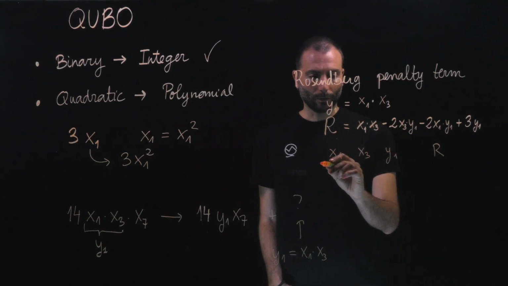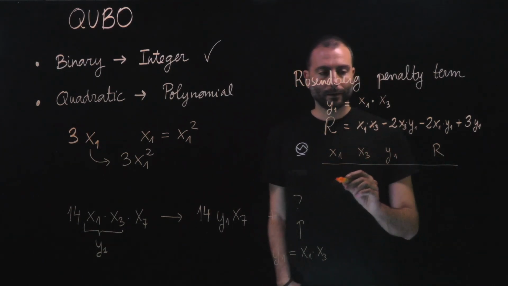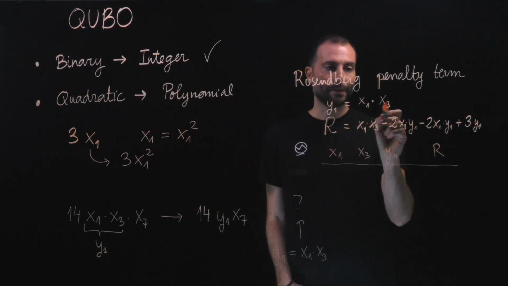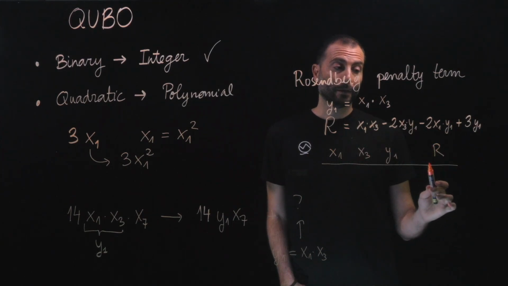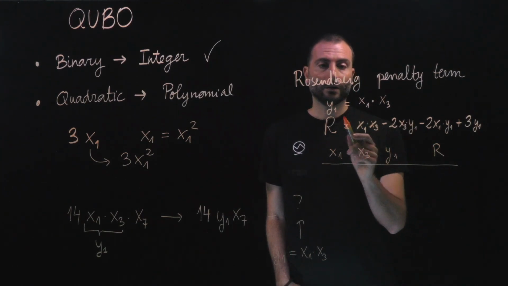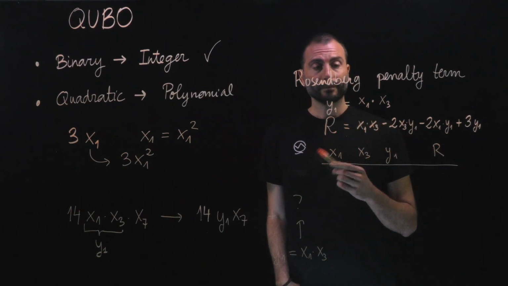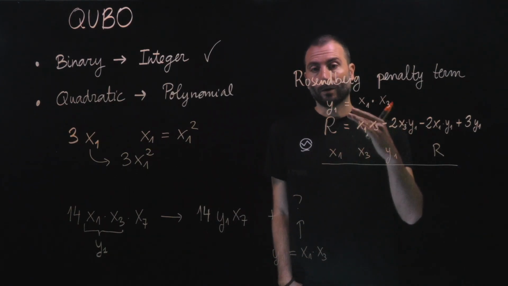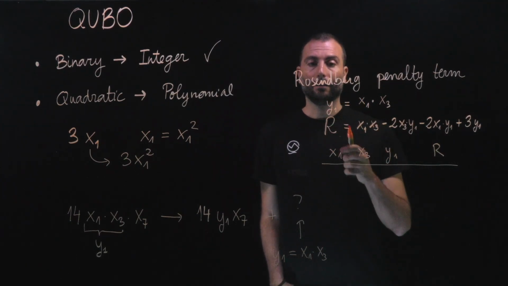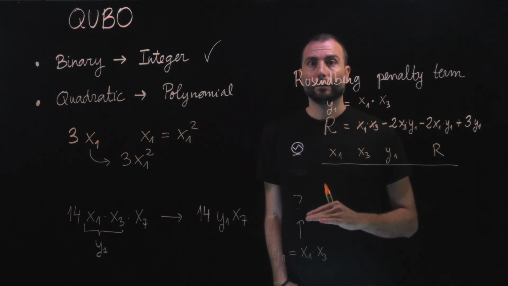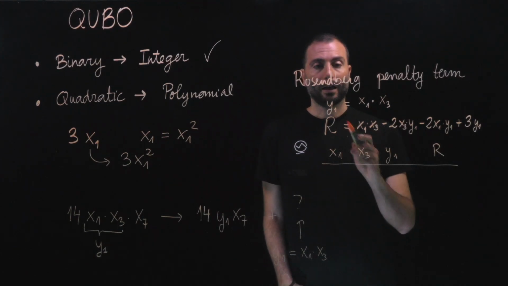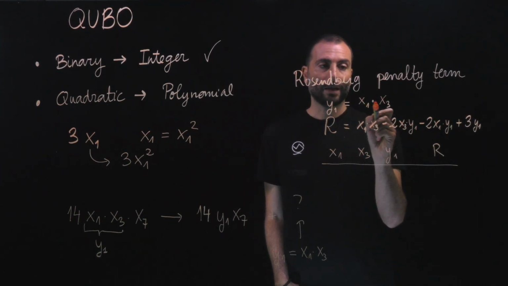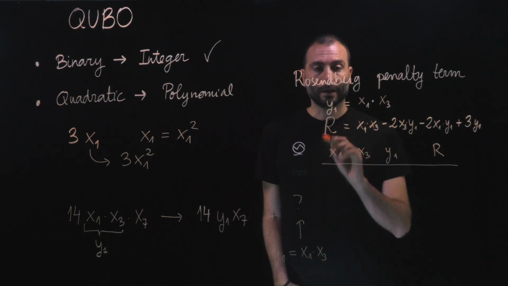What I would like to convince you is that indeed, if y1 is equal to x1 times x3, this penalty term is 0, and if this condition is violated, then the penalty term takes a positive value, such that when we perform the minimization, because we want the lowest possible value of the cost function, this will guarantee that indeed the bits x1 times x3 will be the same as y1.